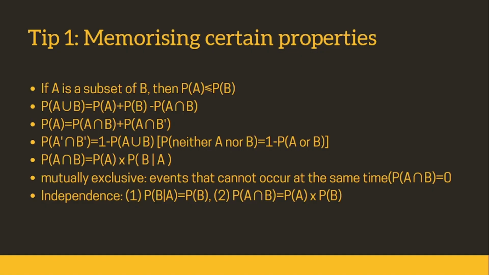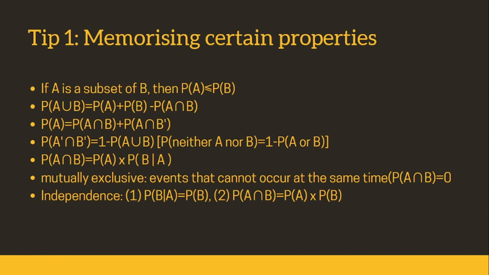And so the first step is about memorizing certain properties. So on the screen, this is basically most of the things that you have to memorize for this chapter. It may be a bit confusing at first, but I think once you understand and know the logic behind why these relations work hand in hand, you will then be able to understand and use it anytime.